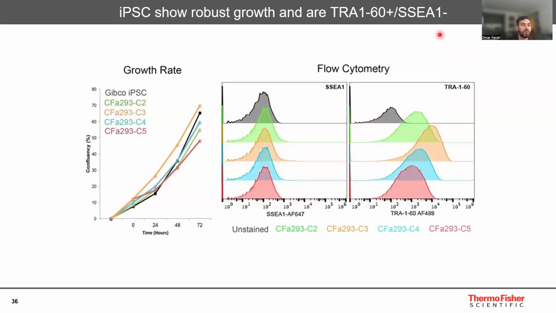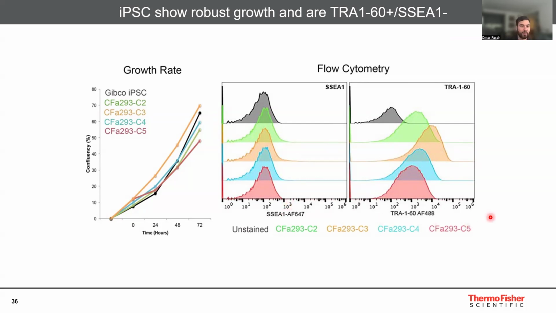And you can look at this multiple different ways, right? Looking at staining and immunocytochemistry. You can look at the growth rates of the cells and how well they're growing, they're reaching confluency. You can look at the cell surface markers by flow cytometric analysis as well.